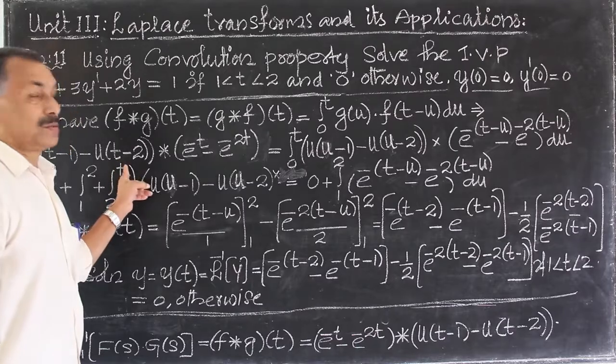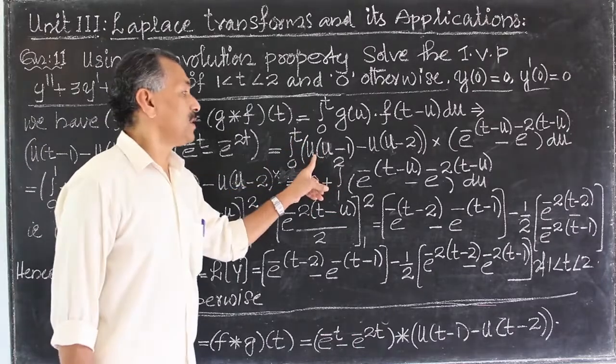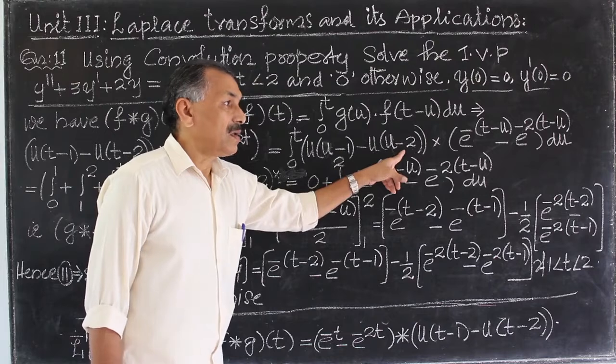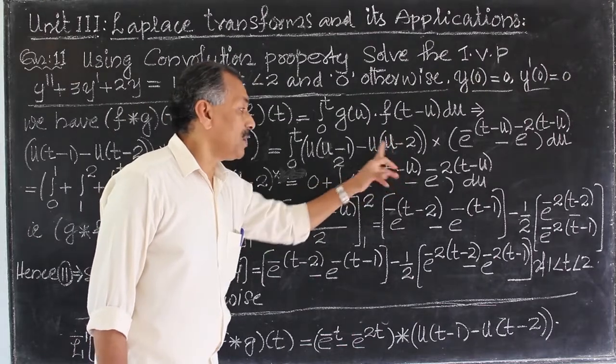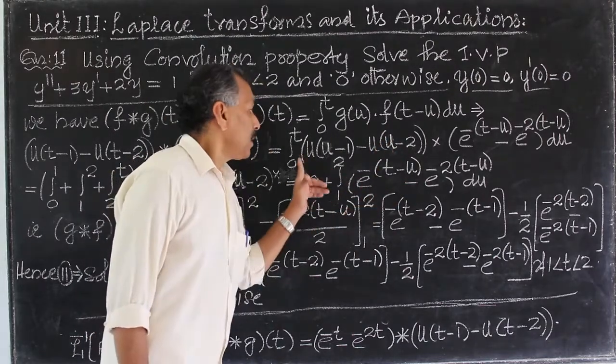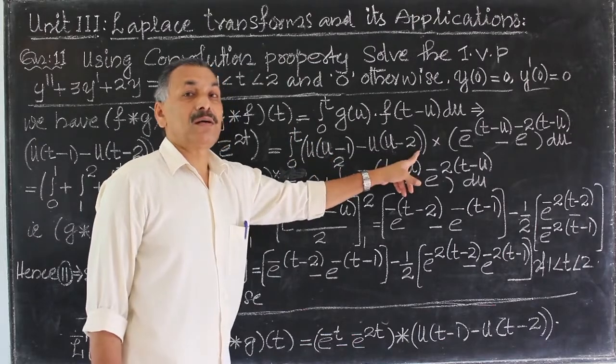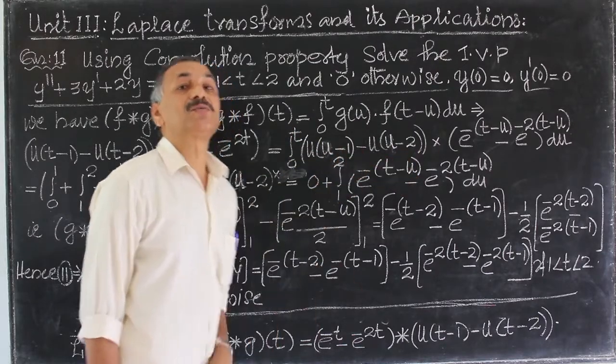Integral 1 to 2: here u is greater than 1, therefore this is equal to 1, and less than 2, so this is 0, so 1 into this one. Now from 2 to t, u is greater than 2, so this is 1, and 1 minus 1 gives 0.